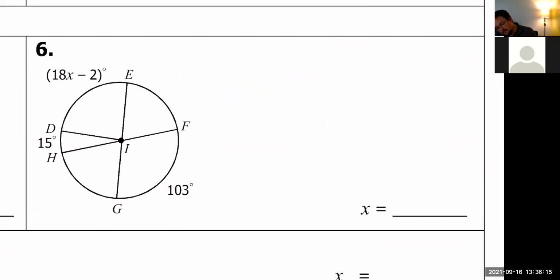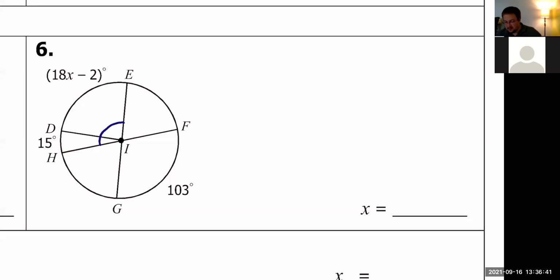Not quite. Here's what I would do if I was looking at this one. I look first at all the information it gave me. So it gave me arc DE, DH, and GF.